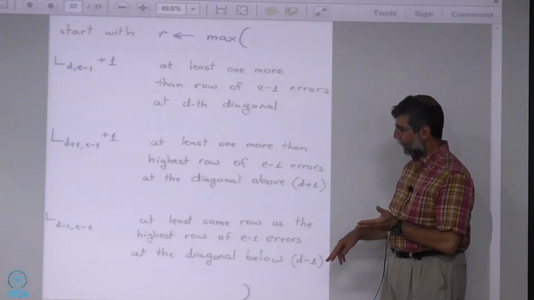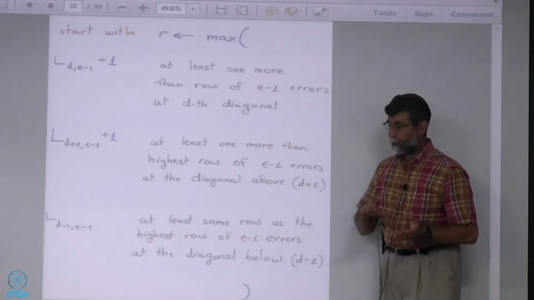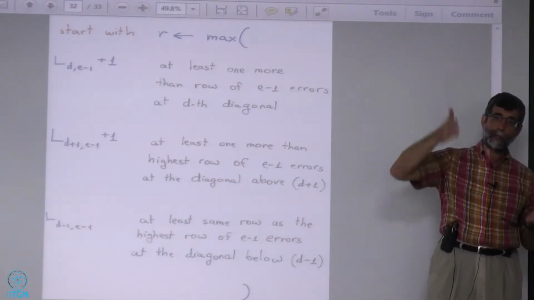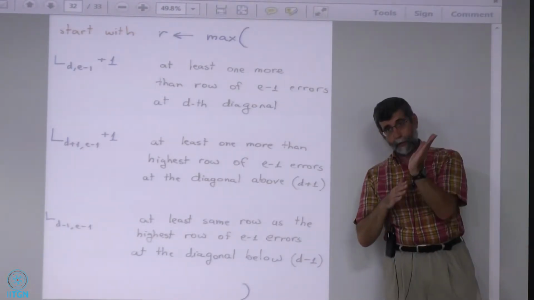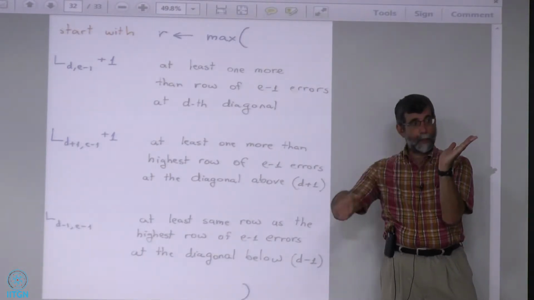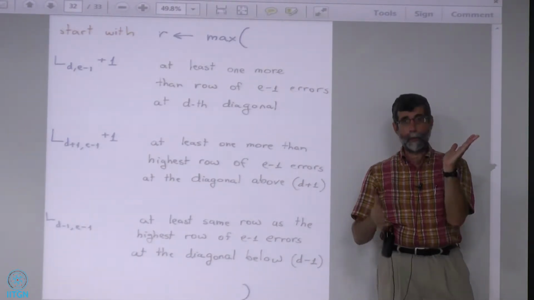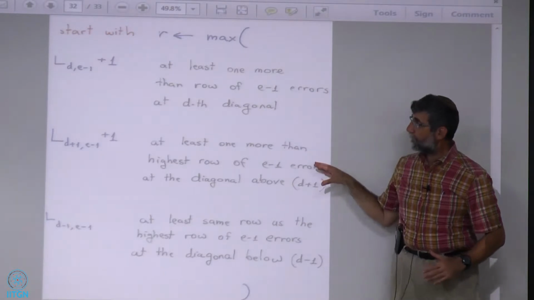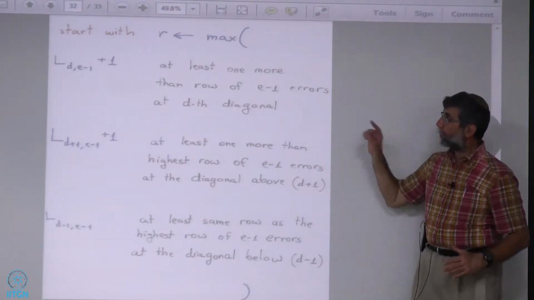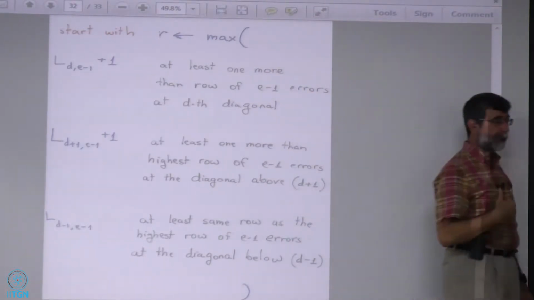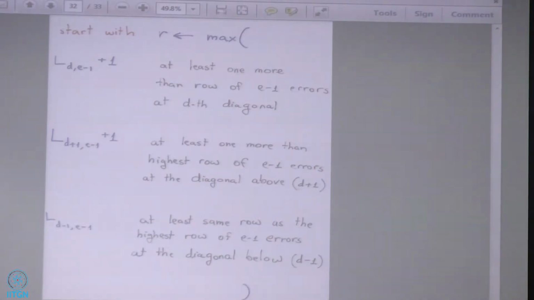So that's the diagonal D minus 1. So you look at all of these and add 1. That's everything you can inherit. Either in your diagonal you add 1, or the diagonal above, or the diagonal below. You start from these, and that's the R that you start with. The maximum of that, that's how far you can go down.